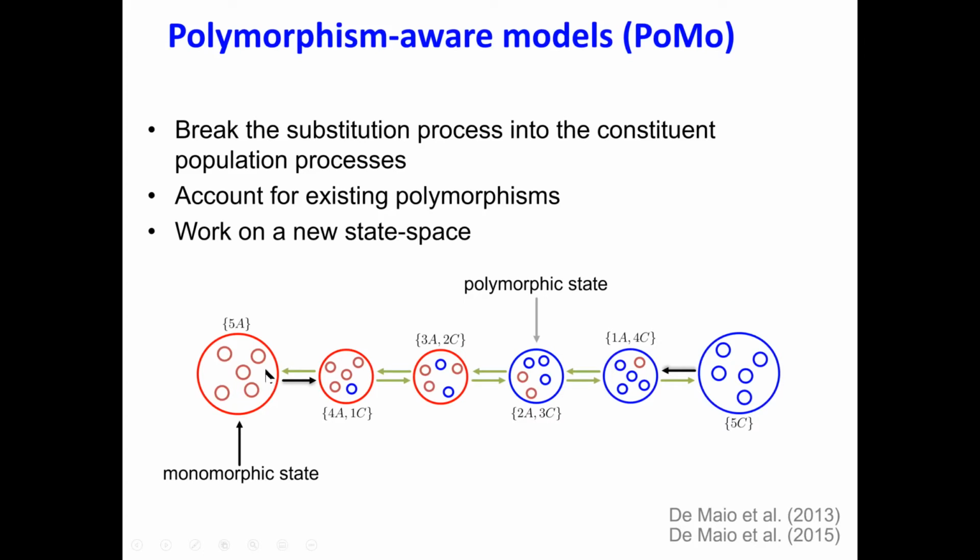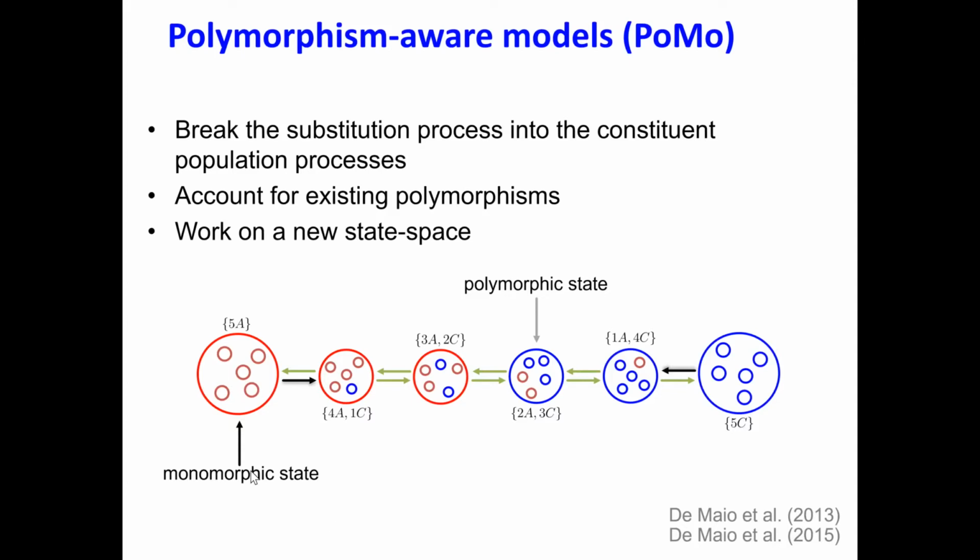And then you can have a mutation and a blue allele, and this blue allele can increase and decrease in frequencies, and you would have intermediate polymorphic states with different allele frequencies of the A and the C allele.